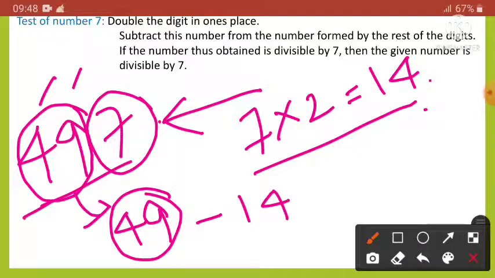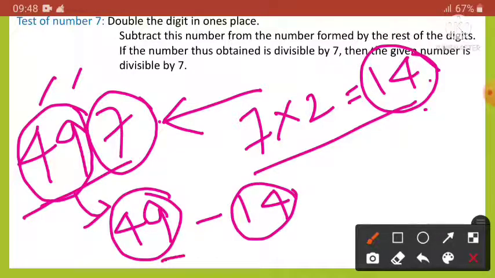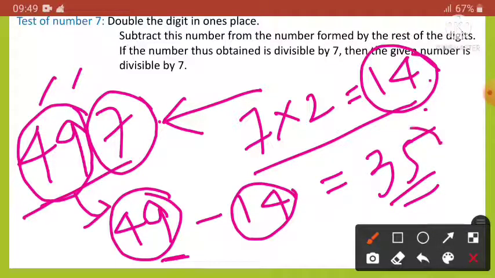Now we have to subtract 14 from 49, because we have to subtract it from the number formed by the rest of the digits. So here we are getting 35. Now check whether 35 is divisible by 7 or not.